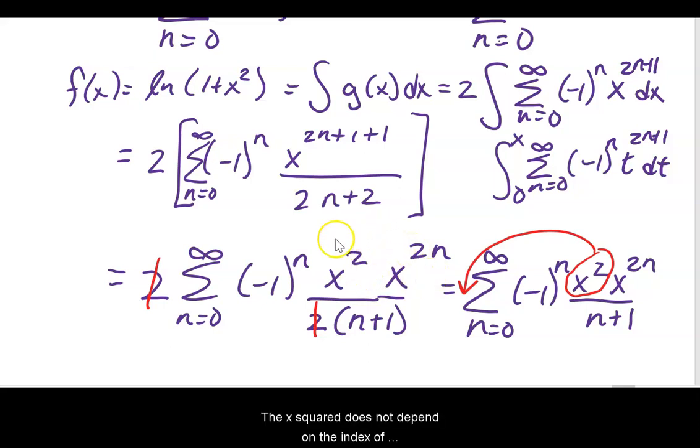The x squared does not depend on the index of summation, which is n. That means I could pull the x squared out of the power series sum, but I could also leave it on the inside.